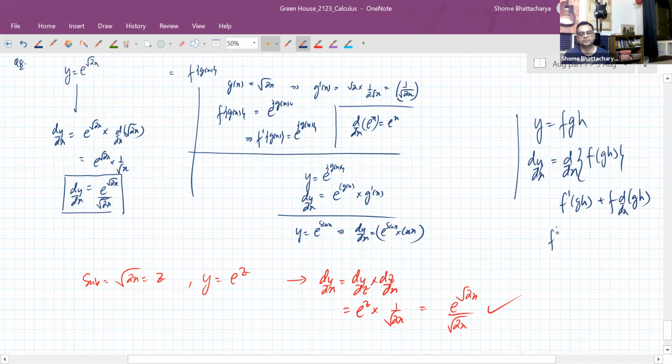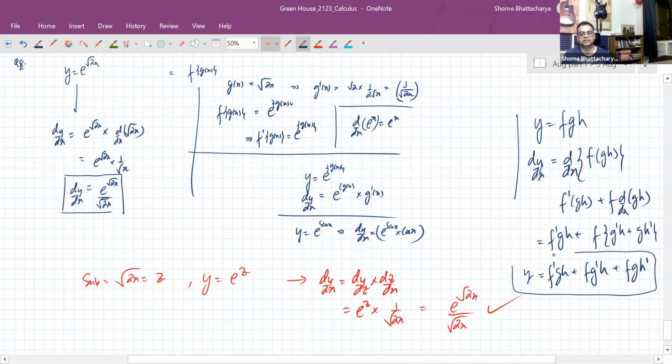So it becomes f prime gh plus f into g prime h plus gh prime. Interestingly, you'll see it becomes f prime gh plus f g prime h plus f g h prime. It becomes like a combination of the 3 terms added up, where in each term one of them is differentiated and the other 2 are just multiplied. So this is the type of concept you'll use in 10th. I'll just put up the question in a moment.